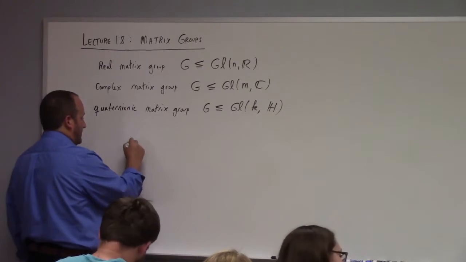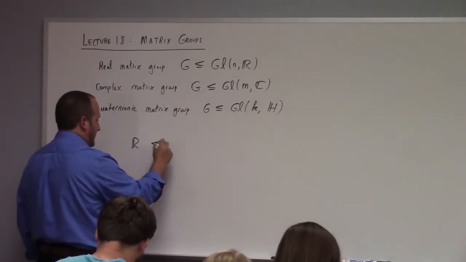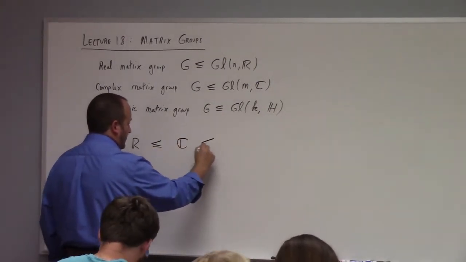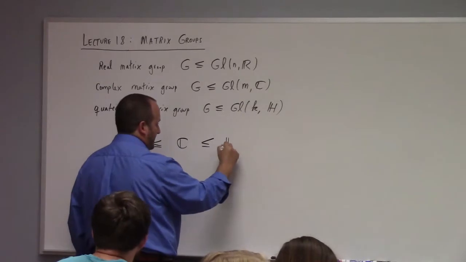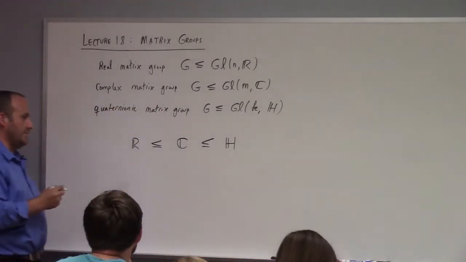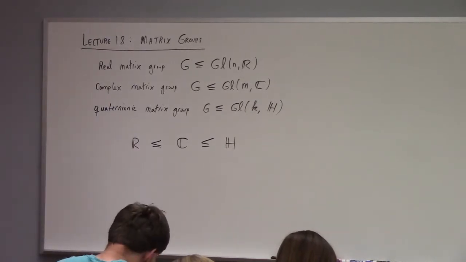So we've got R, and that's a subspace of the complex numbers. And you can view the complex numbers as a subspace of the quaternions if you like. If you think of these as vector spaces, what do we build the real numbers with in terms of a real span?